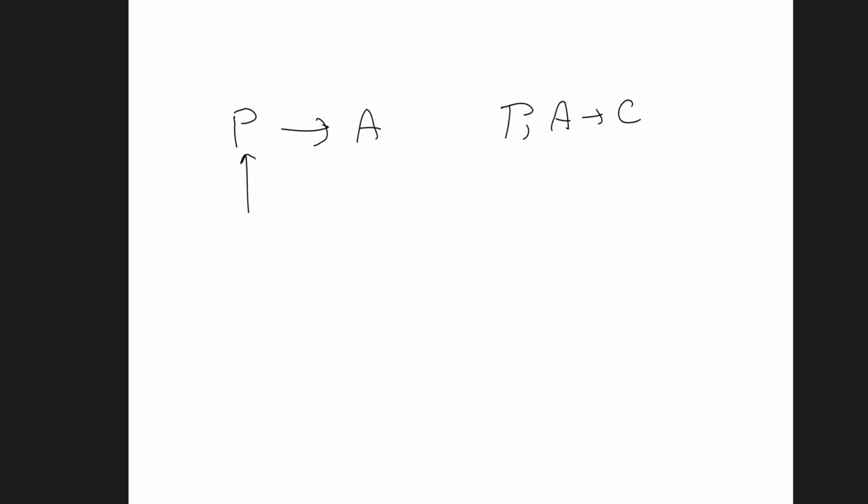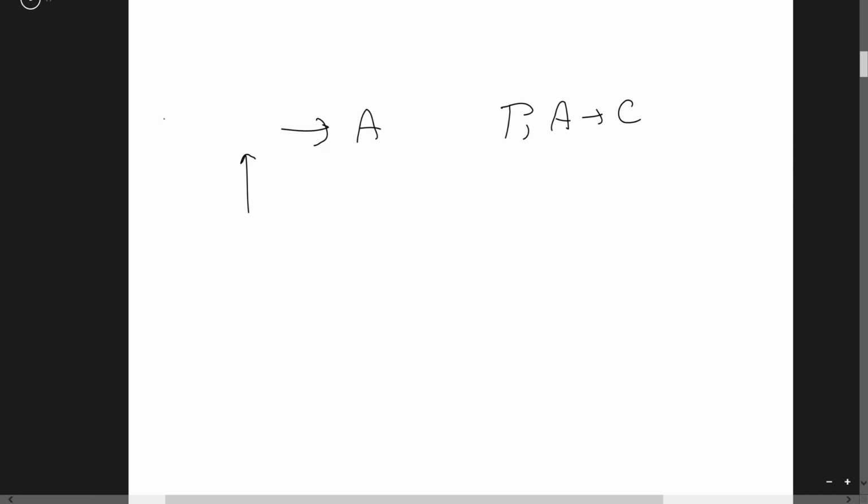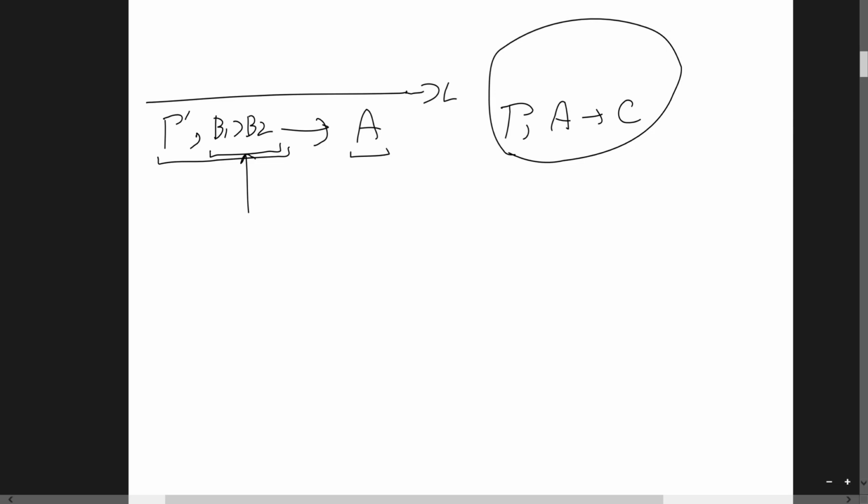So for example, this gamma could be gamma prime, B1 implies B2. And instead of this cut formula, we'd like to focus on B1 implies B2 on the left side. So this one is going to be the implication left rule. And in this case, the shape of this derivation tree doesn't matter. Whether we have a left rule or right rule, it doesn't matter. So let's consider this case.